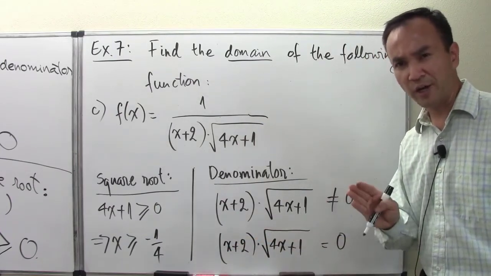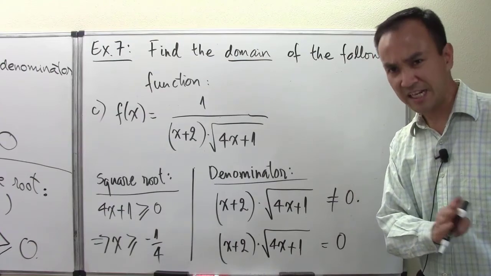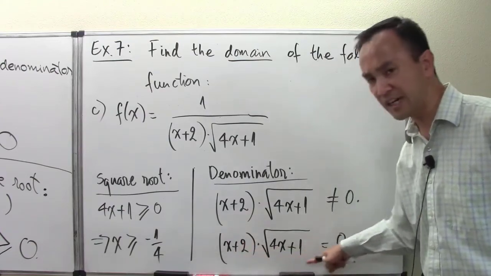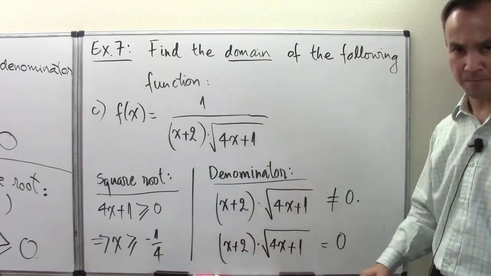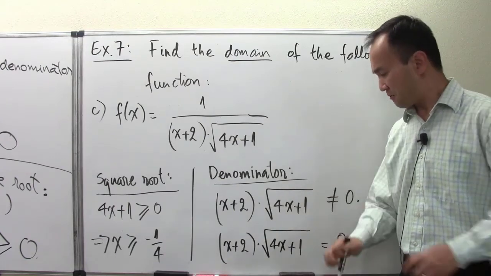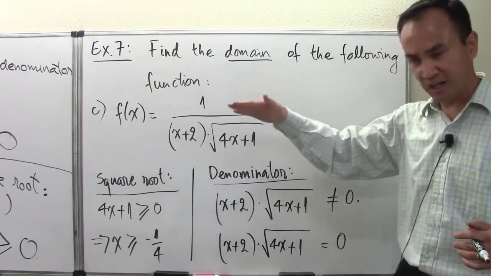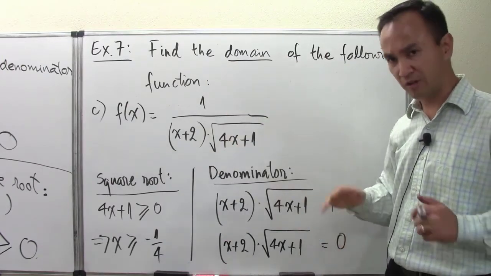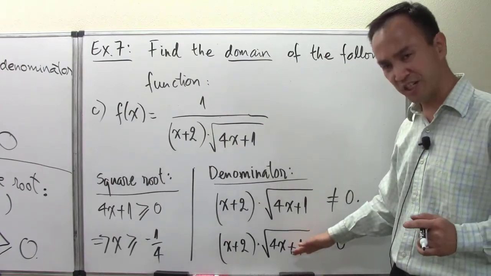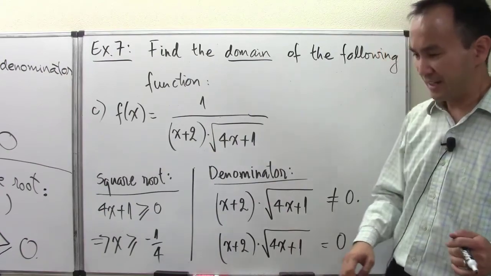We want to find all the bad x values that cause this entire denominator to equal 0. Okay, and now I'm going to erase whatever I had on the other board and make more space to write this down.